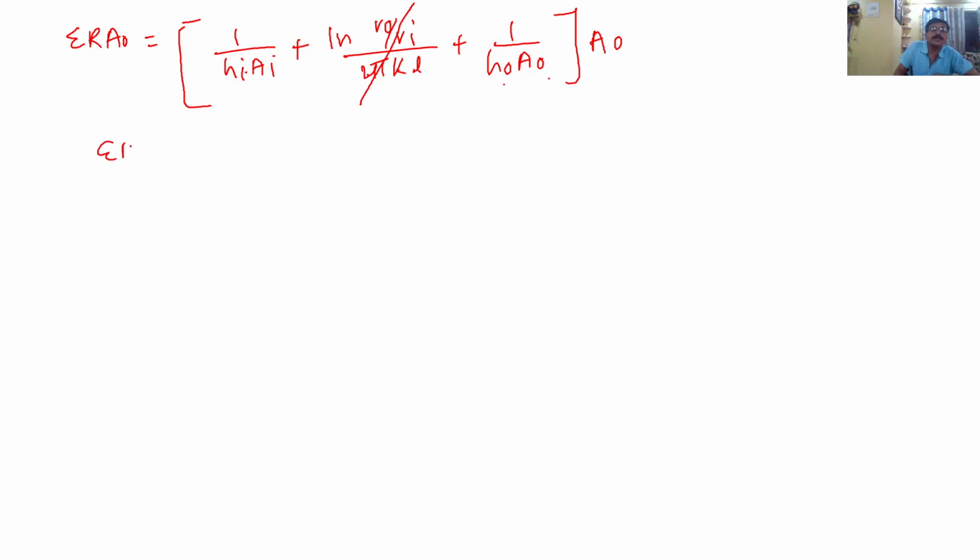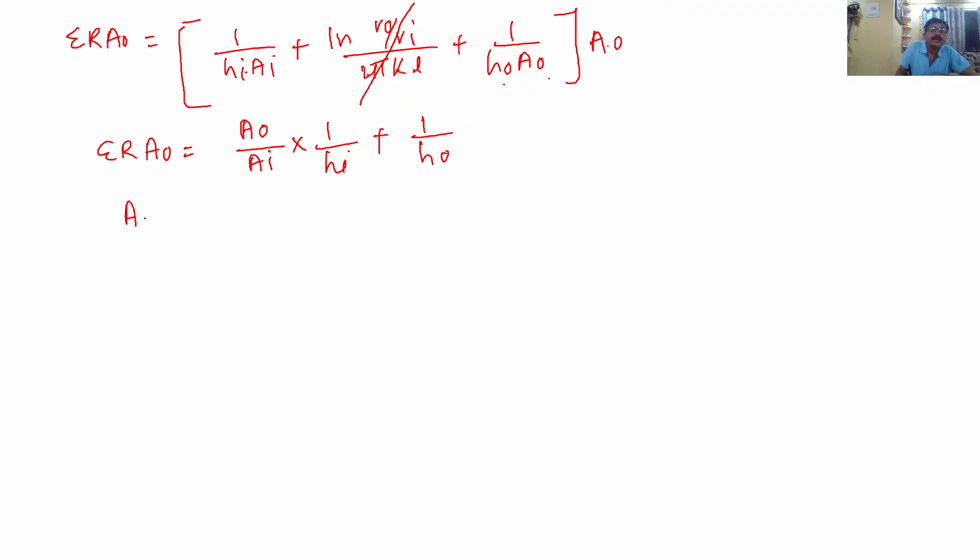Now what is summation R Ao? Multiply each term by Ao: Ao upon Ai into 1 upon hi, plus 1 upon ho. So let's calculate Ao and Ai.